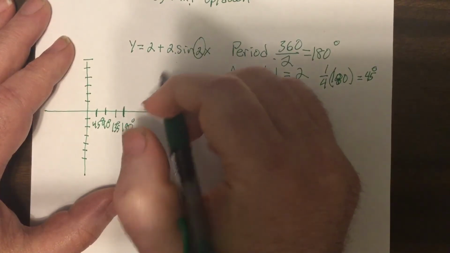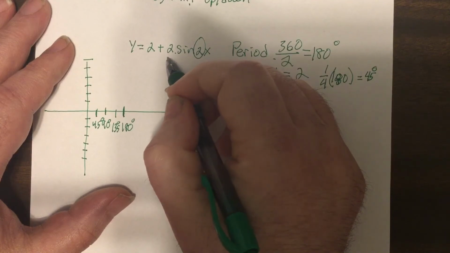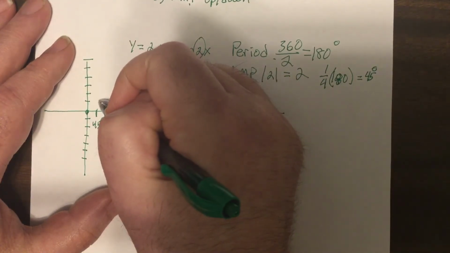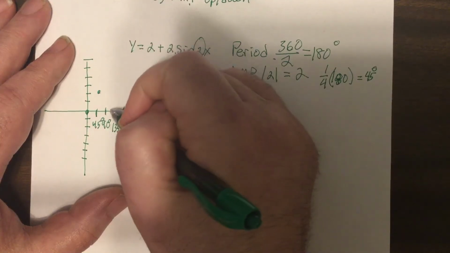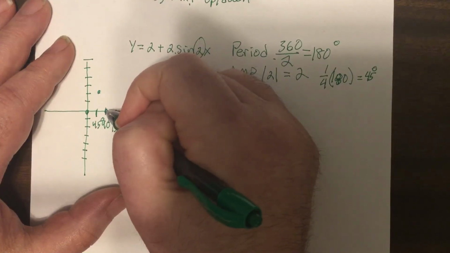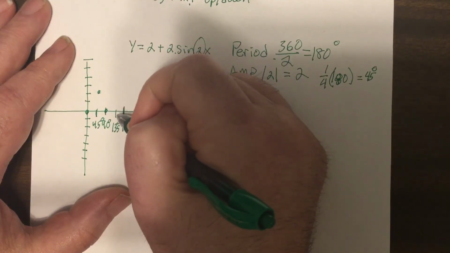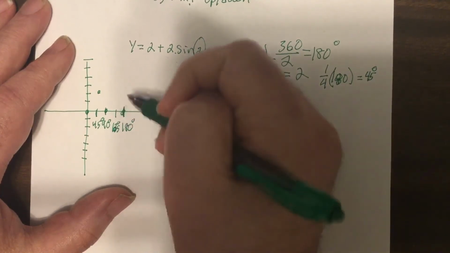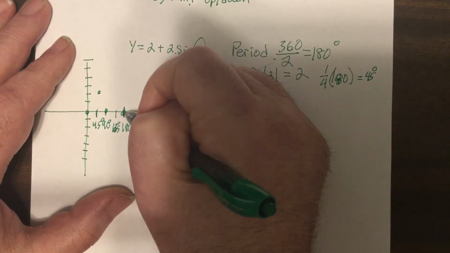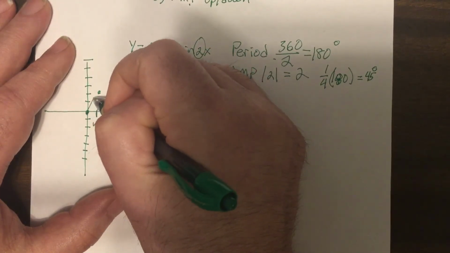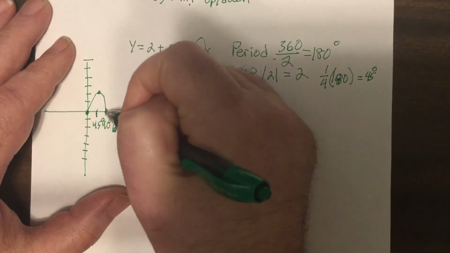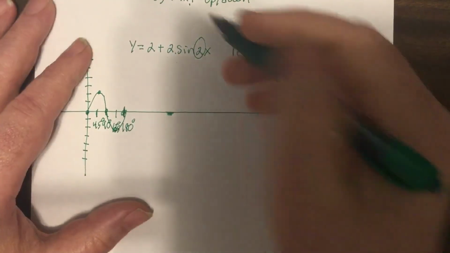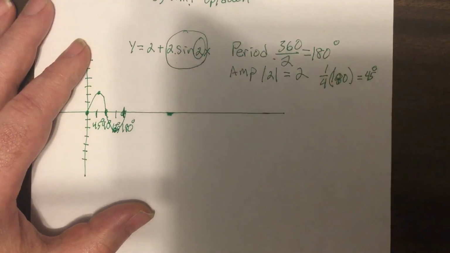Now, if you want to put the basic sine down, you can. That's okay. Or if you want to multiply 2 by it as we do it. Sine is 0 to 1. 1 times 2 is 2 to 0. 0 times 2 is 0. Negative 1 times 2 is negative 2 to 0. Excuse me, 0 times 2 is 0 is what I meant. So I graph this part in green.